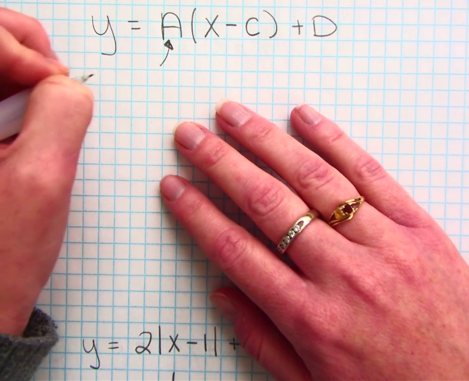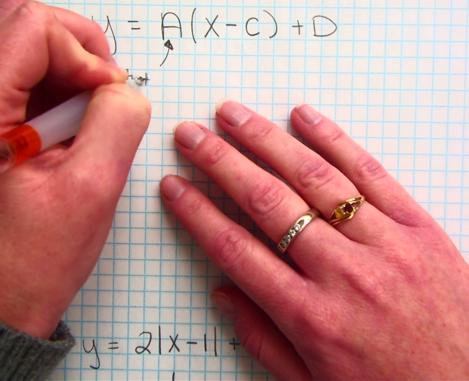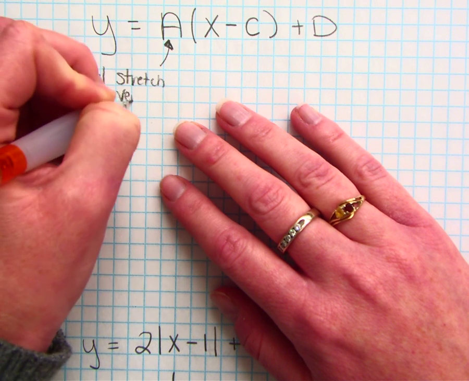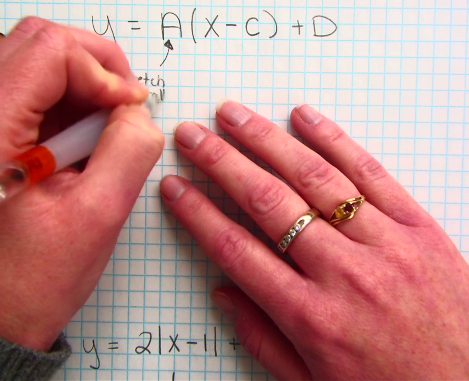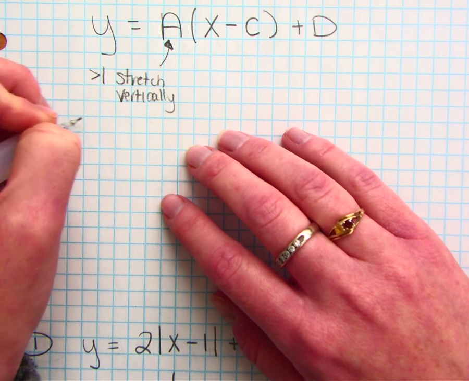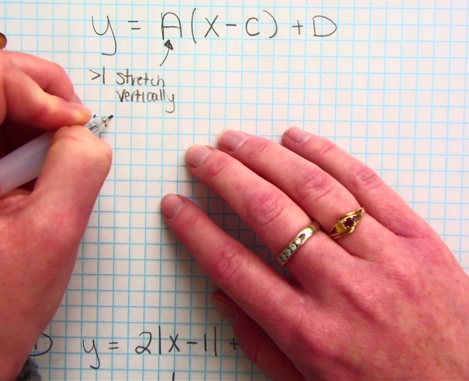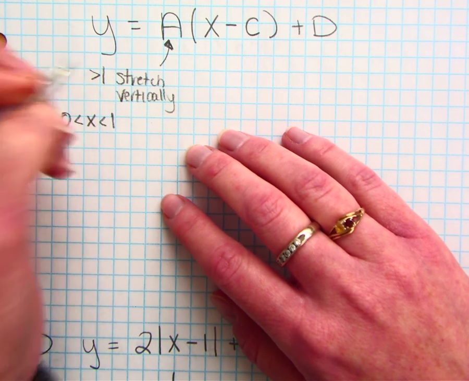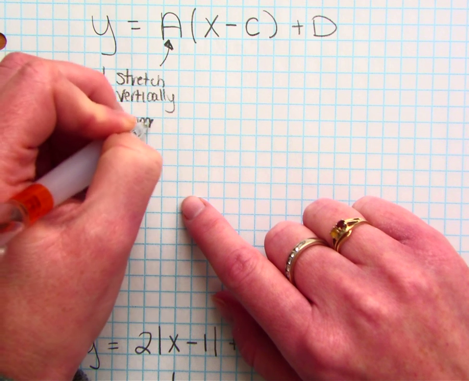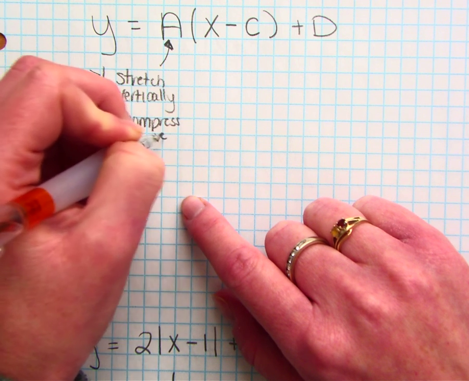The first is if the a value is greater than 1, it is going to stretch the graph vertically. In other words, it makes it narrower. If a has a value that is between 0 and 1, then it's going to compress the graph vertically.